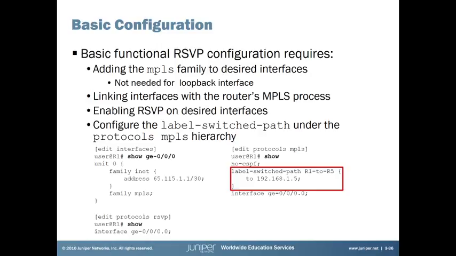We can see we've got family MPLS on the interface, and under edit protocols RSVP, you reference the interfaces that are going to be used for that protocol or going to participate in the label switch paths that will be created by RSVP. And there's our edit protocols MPLS, again with our interface referenced, and also our label switch path is referenced in there as well.